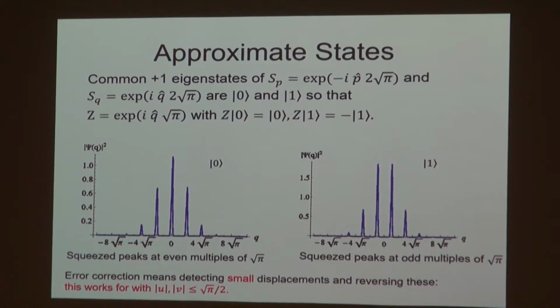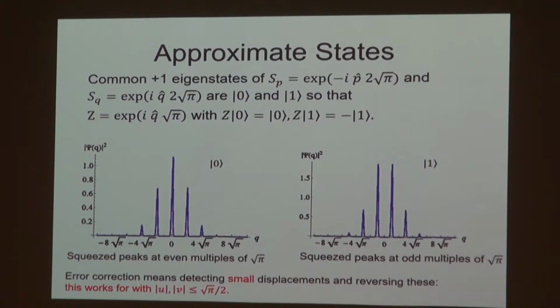Now, what is the motivation behind these states? Well, let's look at these two wave functions and imagine small displacements, or shifts, in Q. A small displacement generated by the operator P will shift these peaks slightly to the left or to the right. If it shifts by square root of pi, I get the state 1, right?